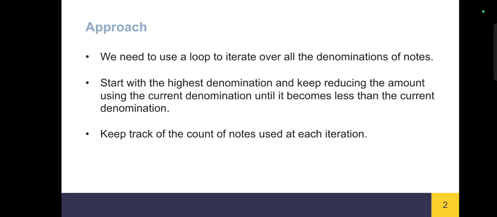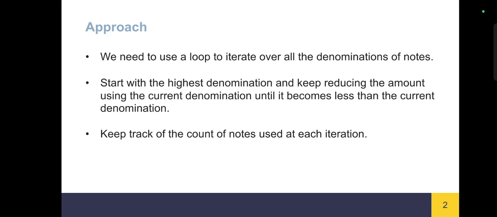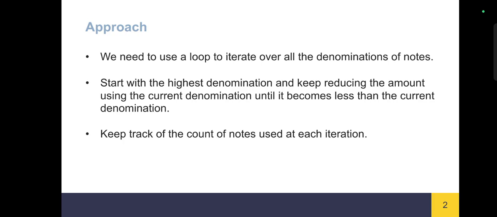Then we approach it like this: we use the loop to iterate over all the denominations of notes. Start with the highest denomination and keep reducing the amount using the current denomination until it becomes less than the current denomination. Keep track of the count of notes used at each iteration.